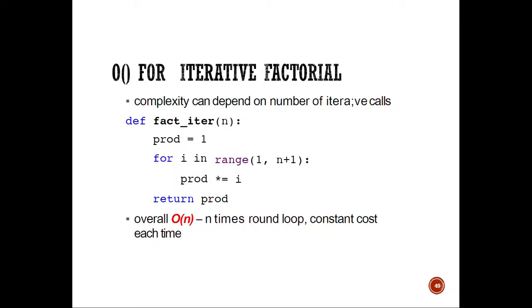Here we show the difference in the complexity of different implementations of the same function. So if we implement the factorial function in an iterative manner, it's of order n, because we would need to loop n times over the values.